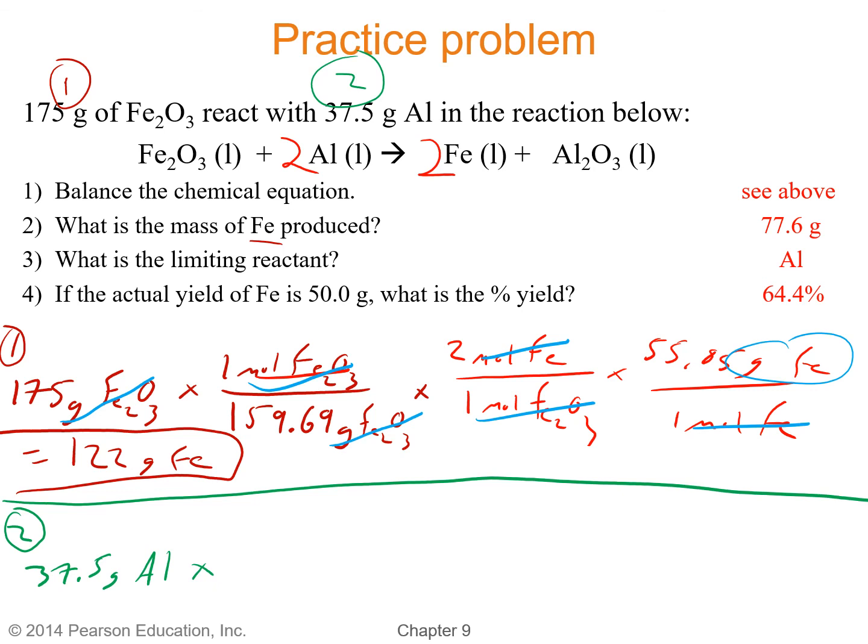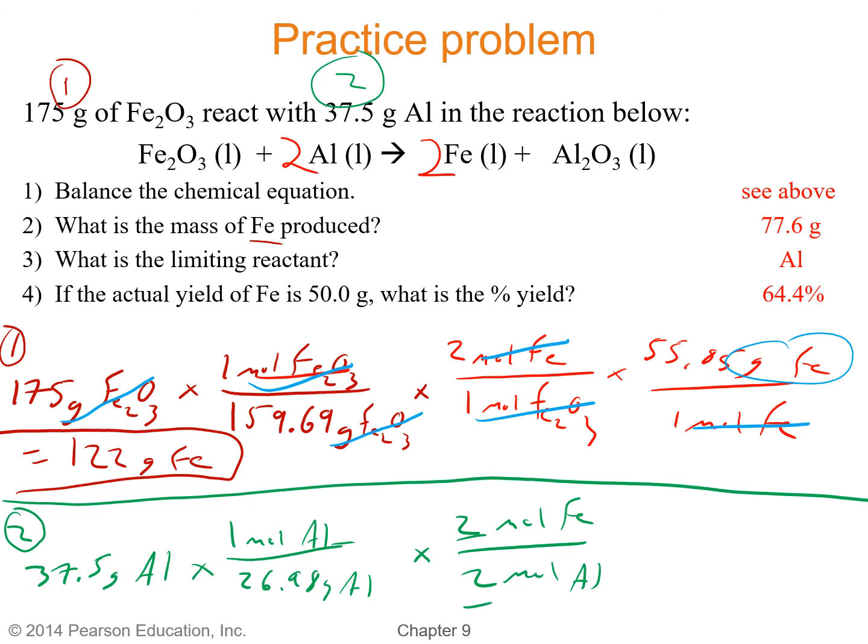We convert that to moles using the molar mass of aluminum, which is 26.98. 1 mole of aluminum on top, 26.98 grams of aluminum on the bottom, times 2 moles of iron on top, 2 moles of aluminum on bottom, and again, these numbers are coming from the stoichiometric coefficients, times 55.85 grams of iron over 1 mole of iron.